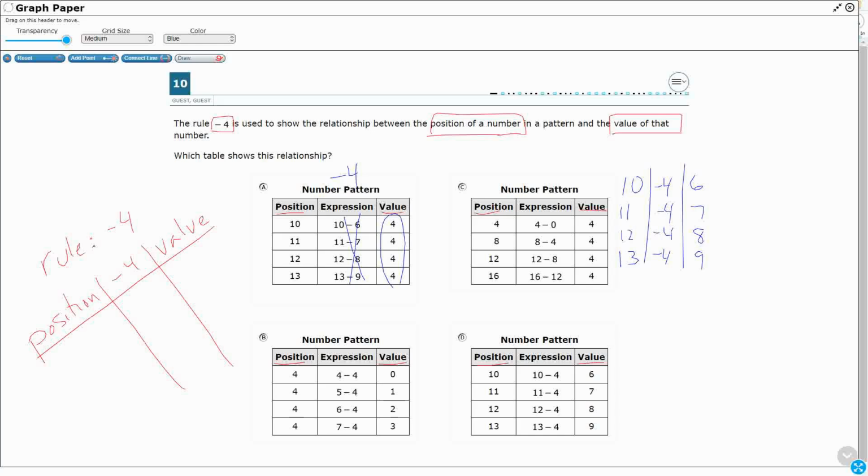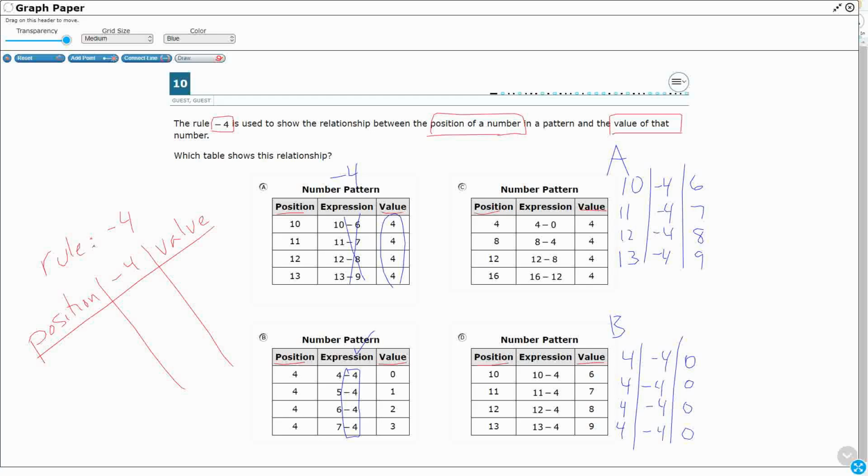All right, so let's look at B here. So I'm going to put B. This is A. Let's put B right here. So that's interesting. It's just 4 all the way down. So if that's my position, and my rule is I'm supposed to subtract 4 from each of them, I should get zeros all the way down. The position doesn't change. But take a look. They do have the -4 all the way down, so that's a check.